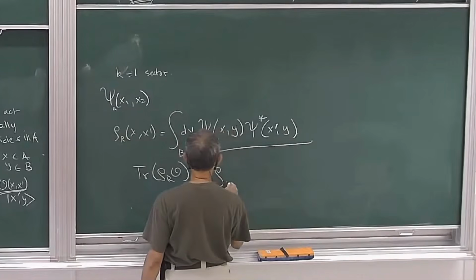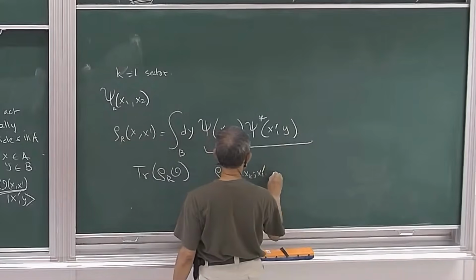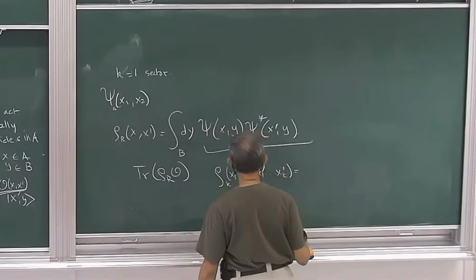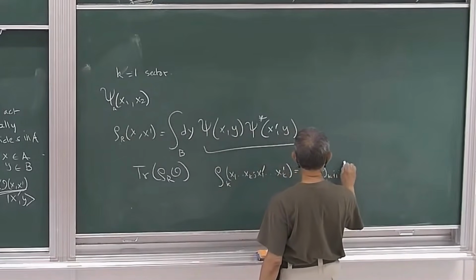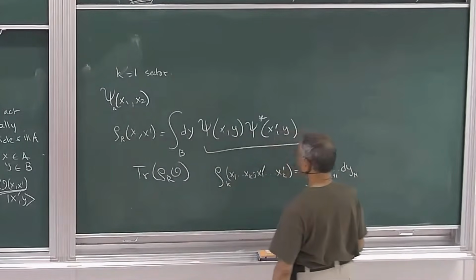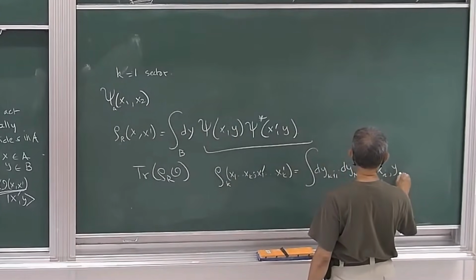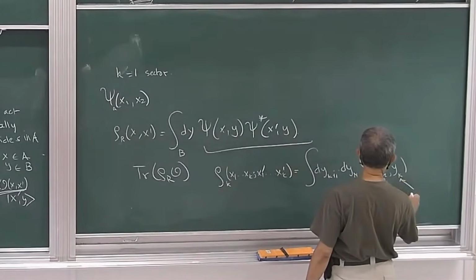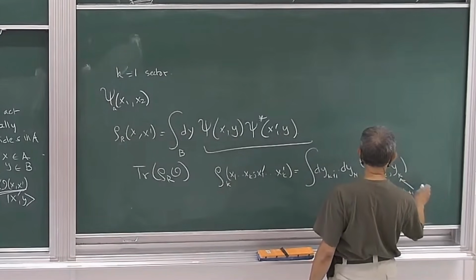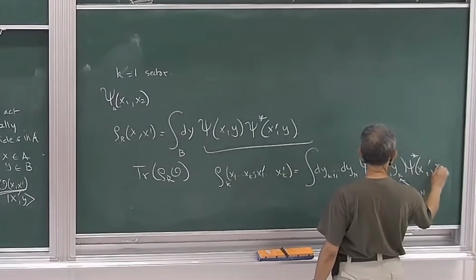For each sector K, rho k is given by an integral over y k plus 1 to y n, of psi of x i, y, where i runs from 1 to k and y runs from k plus 1 to n, times psi star with the same y here.